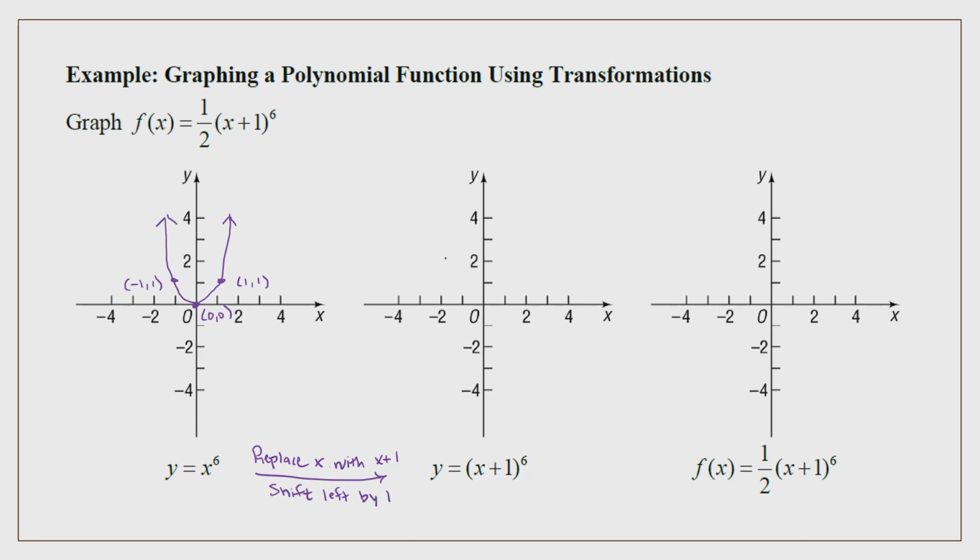So if we're shifting left by 1, my original point (0, 0) is now (-1, 0). My original point (-1, 1) is now (-2, 1). And my original point (1, 1) is now (0, 1). And so let's draw that.